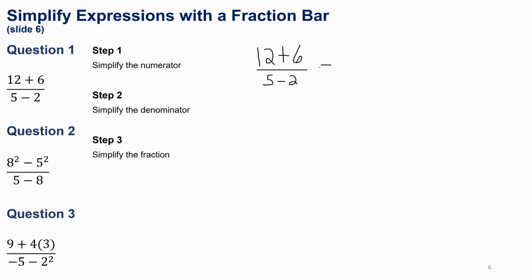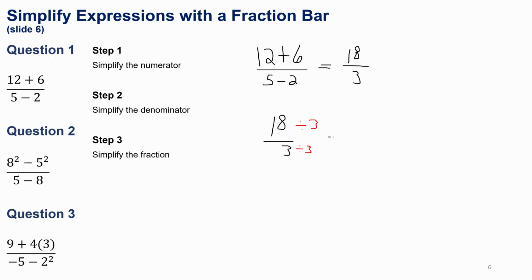So 12 plus 6 is equal to 18, and 5 minus 2 is equal to 3. So we now have the fraction 18 over 3, which you might notice 3 goes into 18, so in reality, you're just dividing both the top and the bottom by 3. Now, if you wanted to show it in more fraction-y terms, you can divide the numerator by 3 and the denominator by 3.